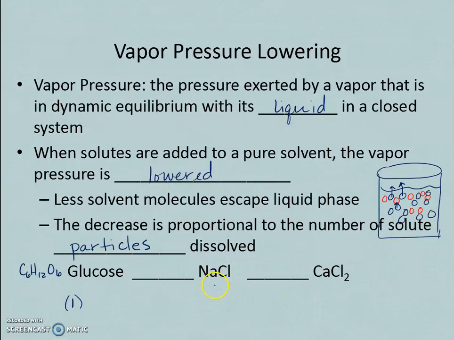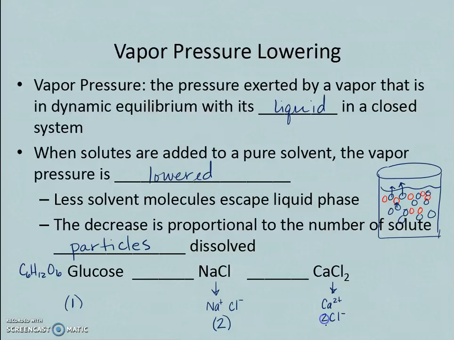Here we have sodium chloride. Sodium chloride breaks apart into sodium ions and chlorine ions. So it dissociates into two things, and so it would break apart into two different things. Well, look, we've got fewer particles here than we do here. Calcium chloride, ionic again, is going to break apart into calcium with a positive 2 charge, but it's also going to have two chlorine ions.